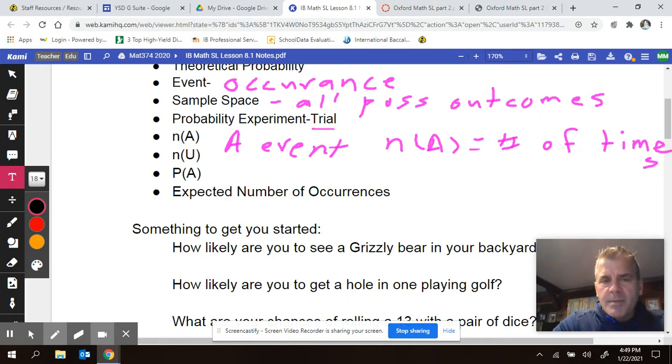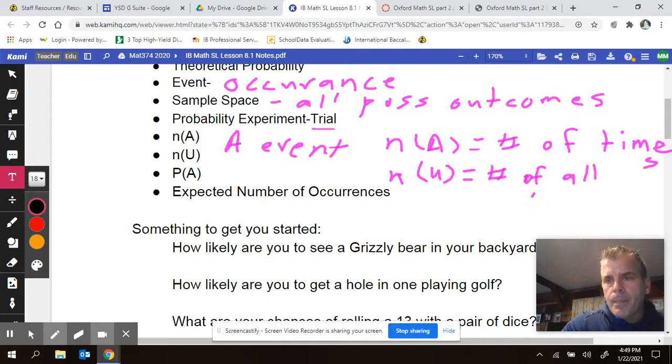So that's the number of times the event takes place. And then N of U is going to be the number of all possible outcomes. So N of U, U is all the outcomes. So N of U is the number of all outcomes.